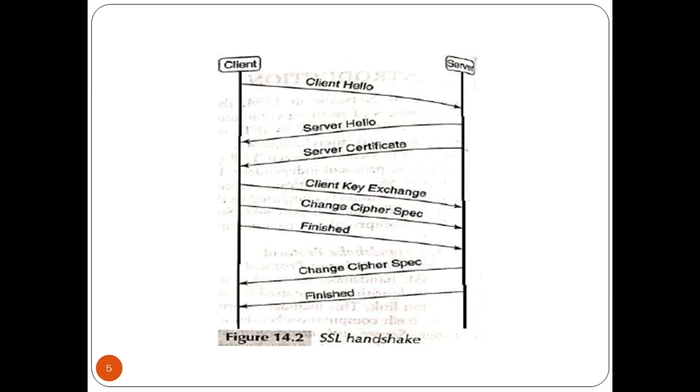So in the first step, they say they wish to communicate with the other party by saying hello, but along with that they need to exchange a session ID, depending on whether it is a new session or an existing session. Along with that is the key exchange method used for communicating the pre-master secret.